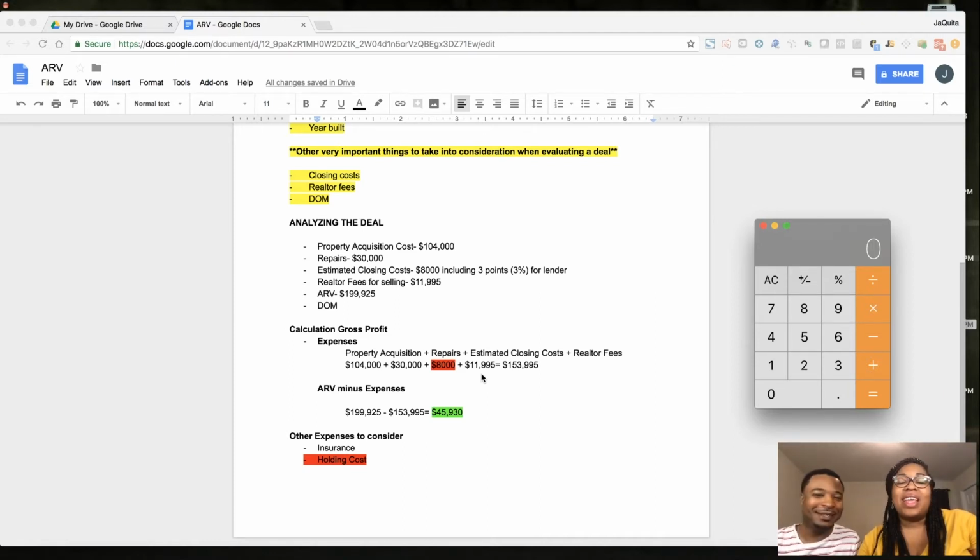So we're thinking, man, this is about to be huge. We were only looking at the acquisition costs minus repairs. We were not looking at this $8,000 coming out of our pocket, as well as this $12,000 we're going to have to pay in the end for realtor fees. On our first deal, we did not use a realtor, so we only paid 3%, which is for the buyer's realtor.